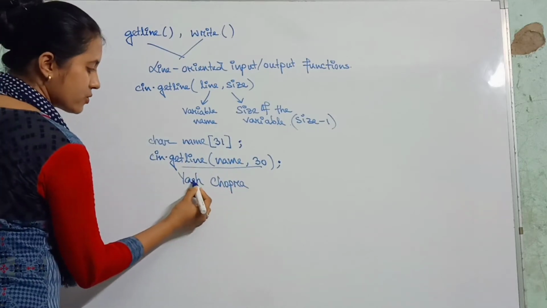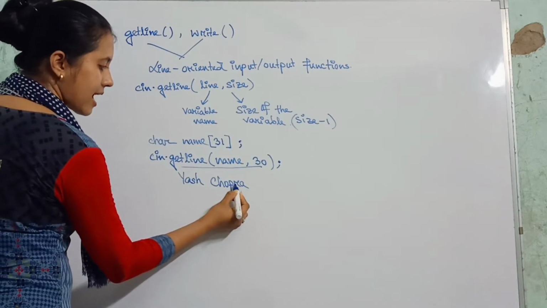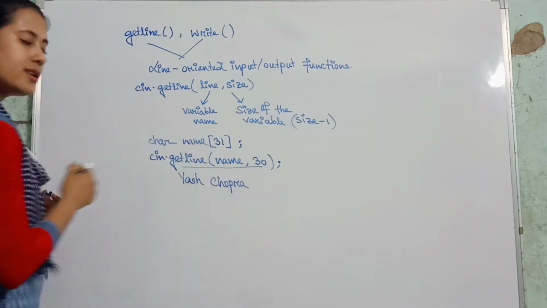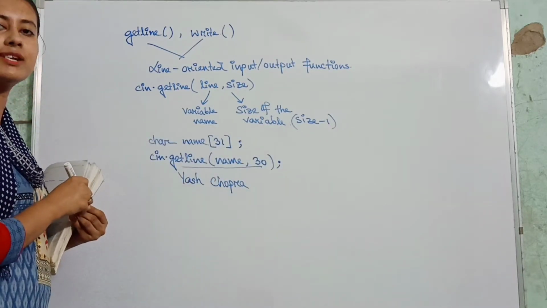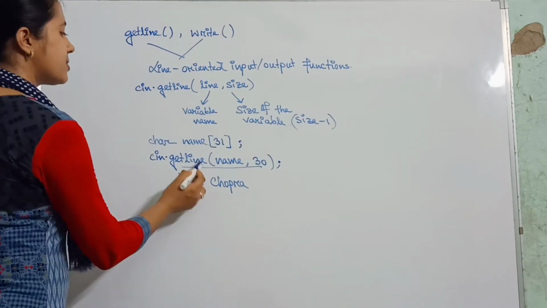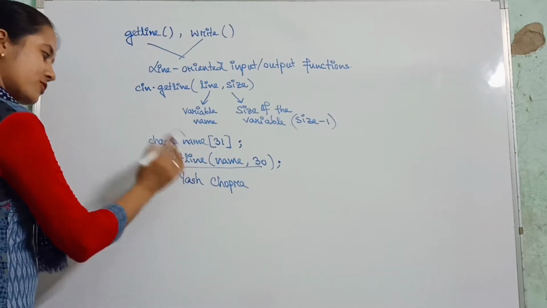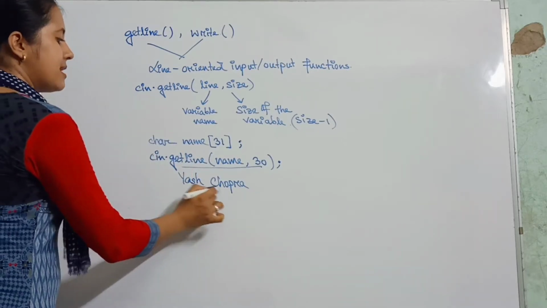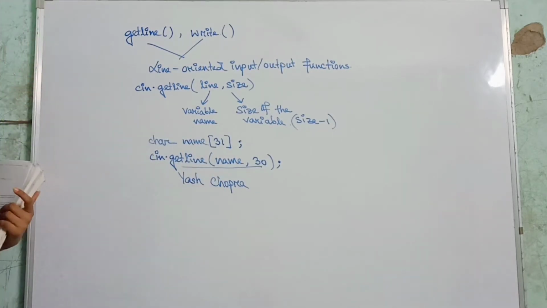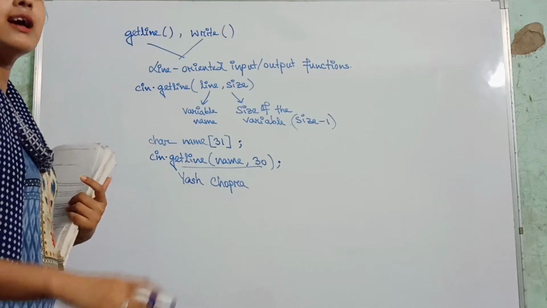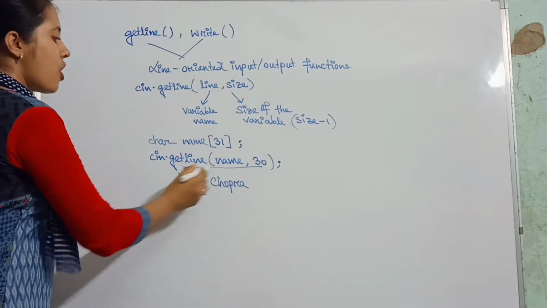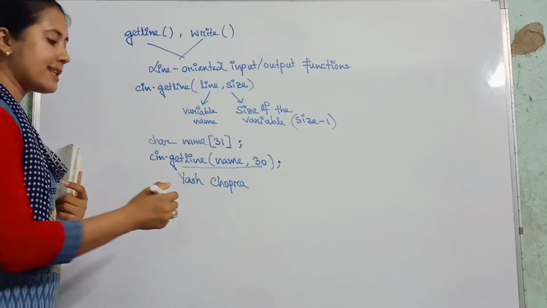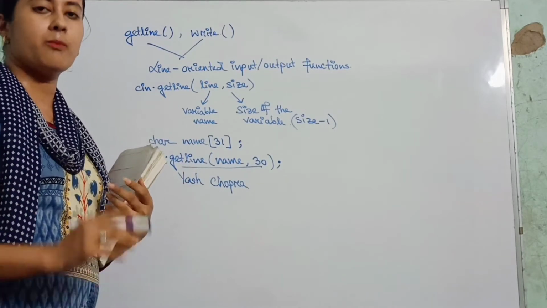So how many characters? 1, 2, 3, 4, 5, 6, 7, 8, 9, 10, 11. 11 characters are there. It's okay. It is having size 30, so it can easily accommodate that 11 characters of text. So this is possible for getline. But if you simply write cin name, then this will not be considered by the compiler. Clear? This getline, then get, put, write, this always takes the white spaces also.